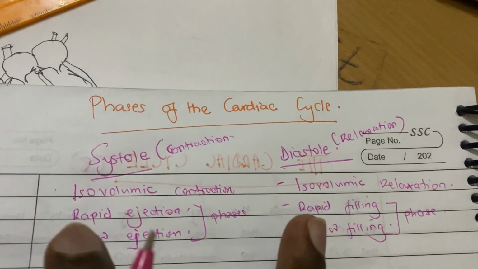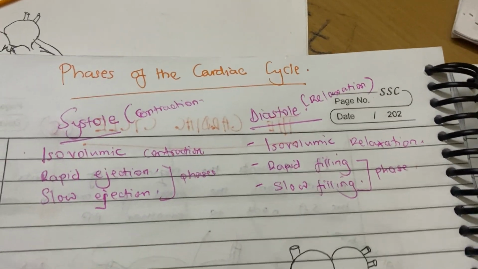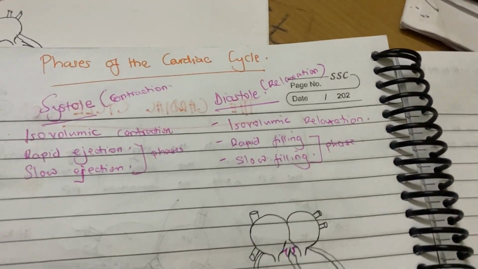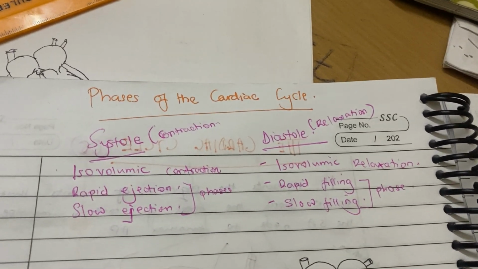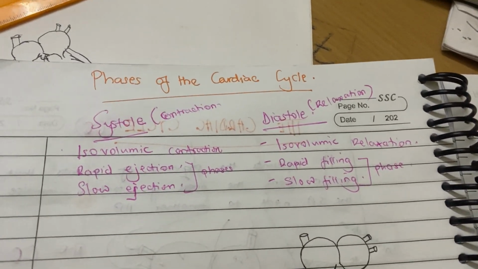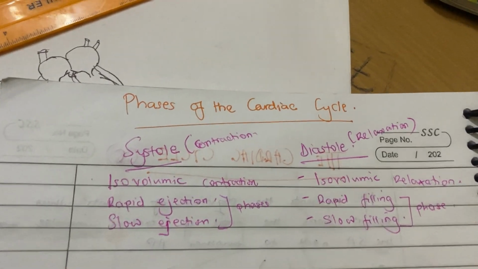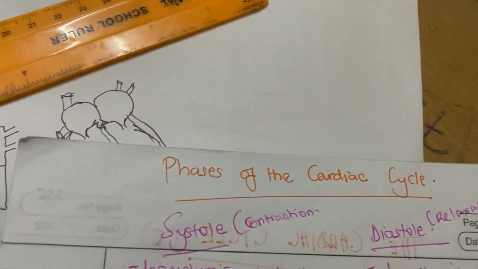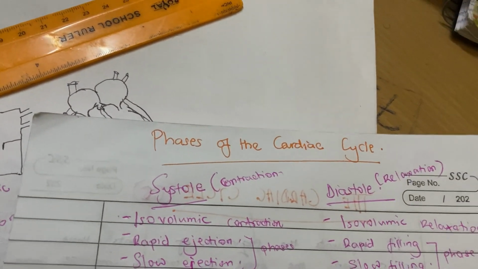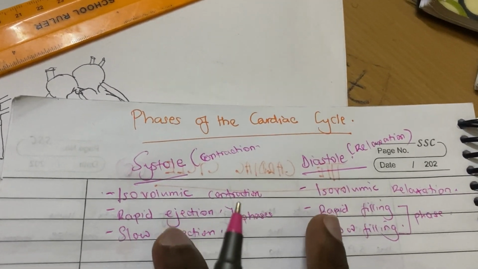Now we are dividing these because remember I told you about the primer pump and the main pump. The primer pump, even if it's lost, it's not that important. It is important, but not all that much. The main important thing is the main pump. So these phases are true for the main pump, and we are going to be focusing on the main pump. Otherwise, how many phases are these? These are 6.